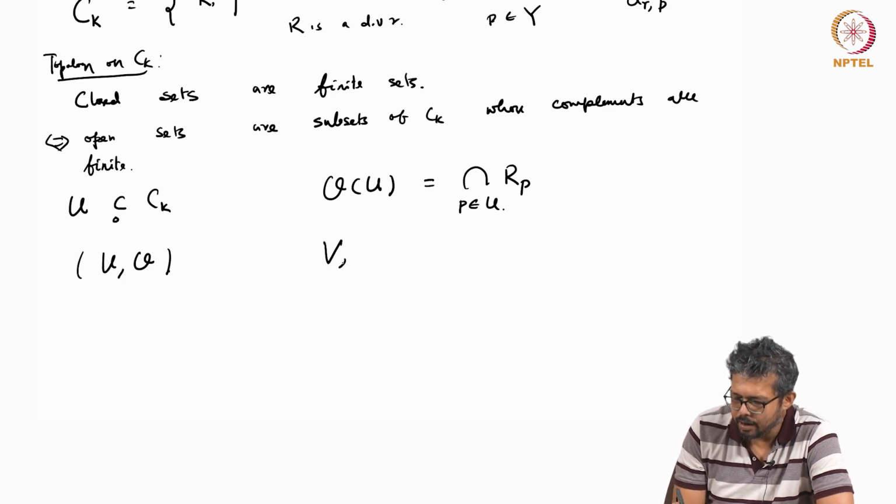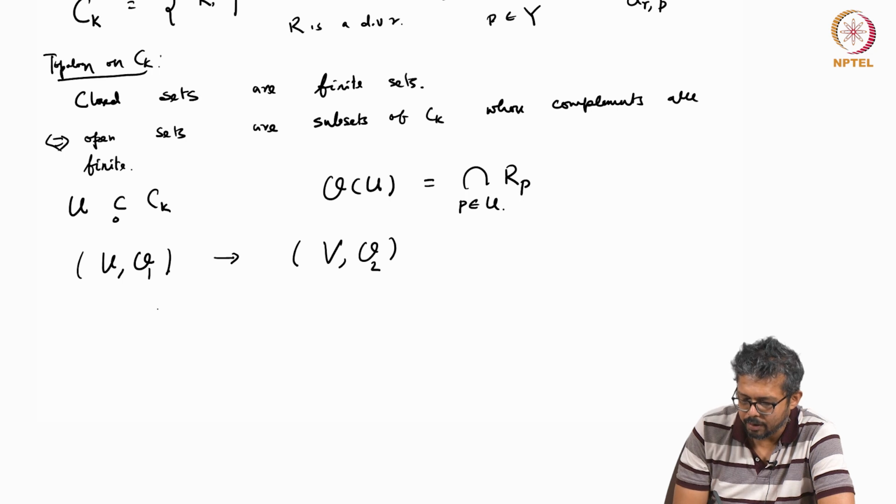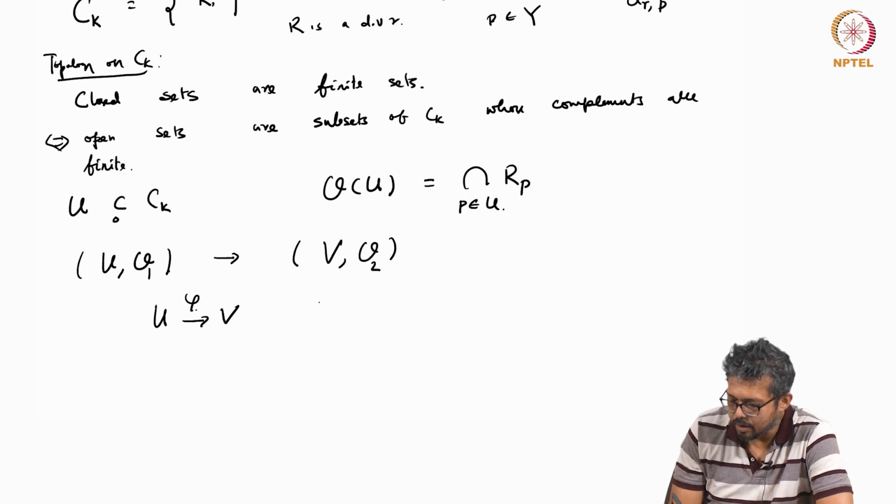Now, if you take another abstract curve, let's call the structure sheaves O1 and O2, where O2 is O restricted to V. You define a morphism, a set map from U to V, which is a sheaf-theoretic map. That means if we call this map phi from U to V, then phi hash is a map from O_V to phi lower star of O_U.